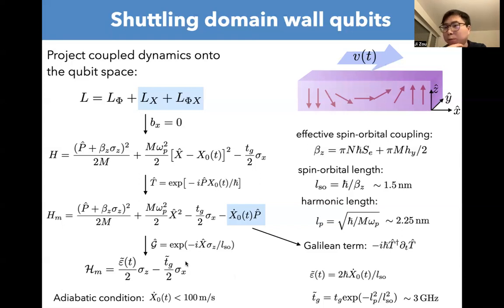That's not what we want, because we want to stay within the ground state or the qubit subspace, right? So that would give us a constraint. In this case, the maximum velocity we can shuttle is about 100 meters per second.